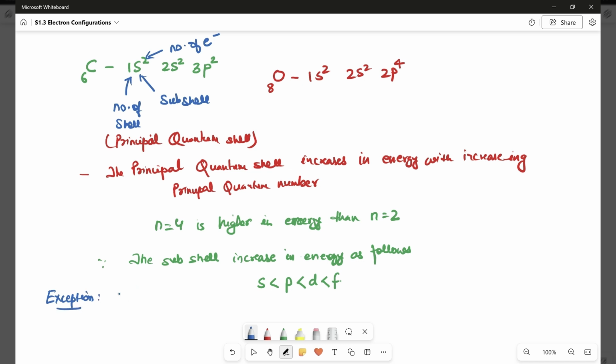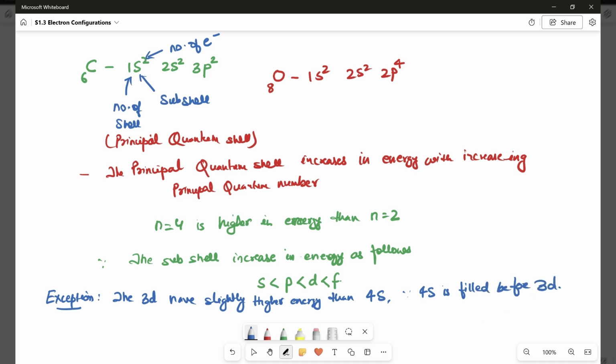The exception is that the 3d has slightly higher energy than 4s. That's the reason 4s is filled before 3d. So 4s is filled before 3d. That's the reason.